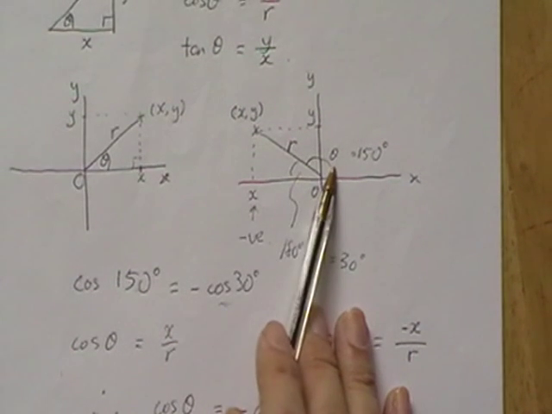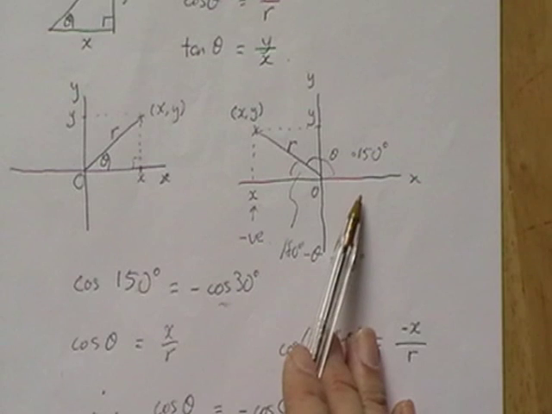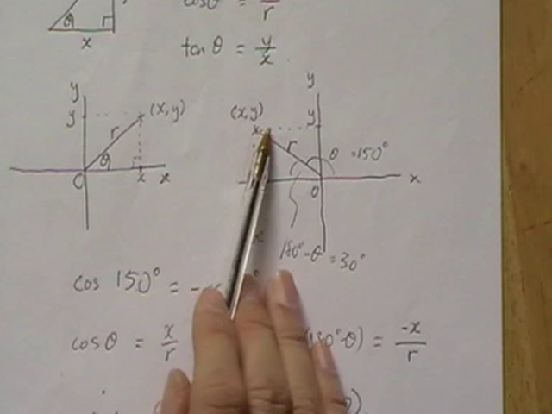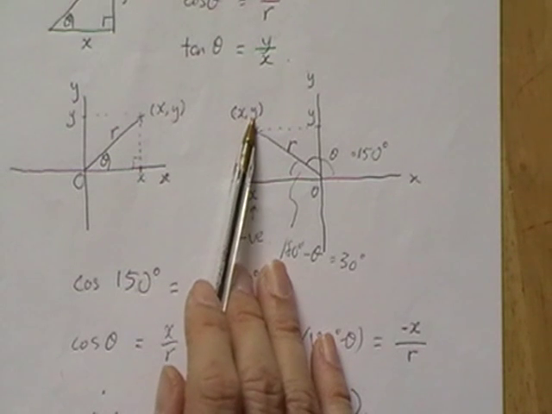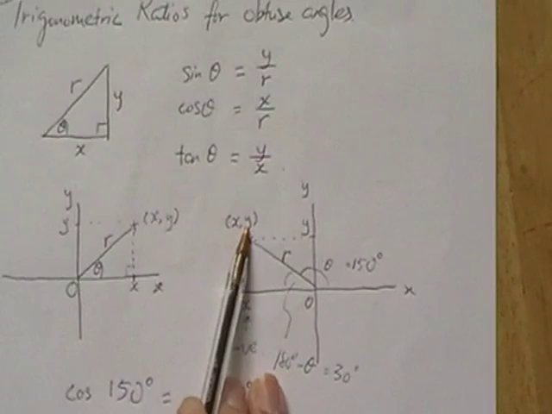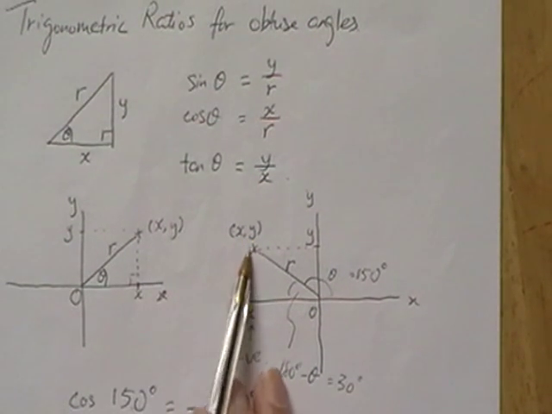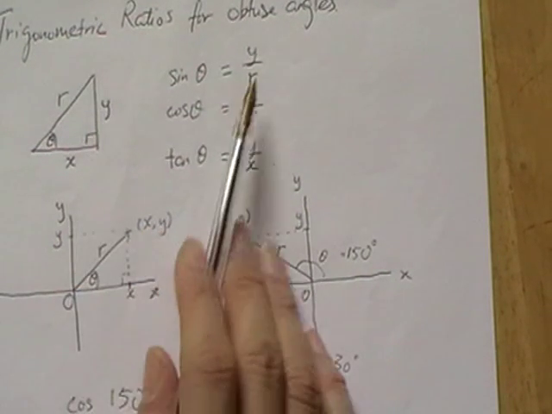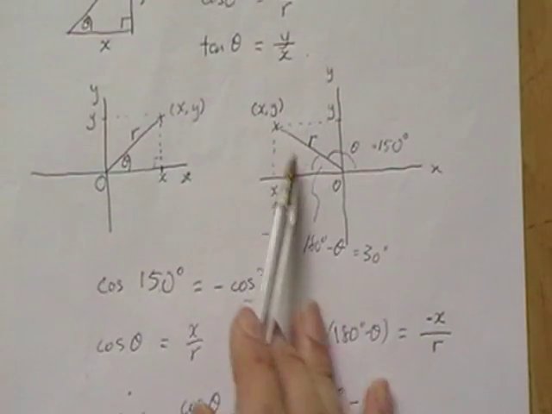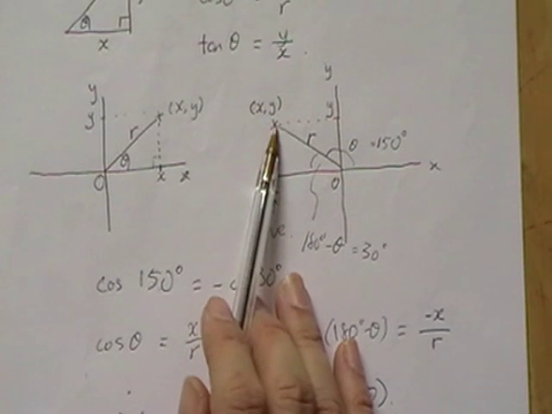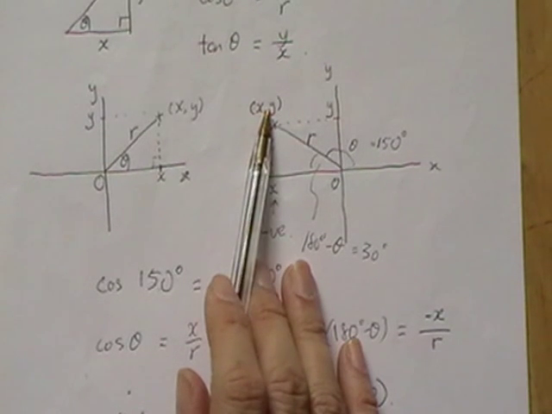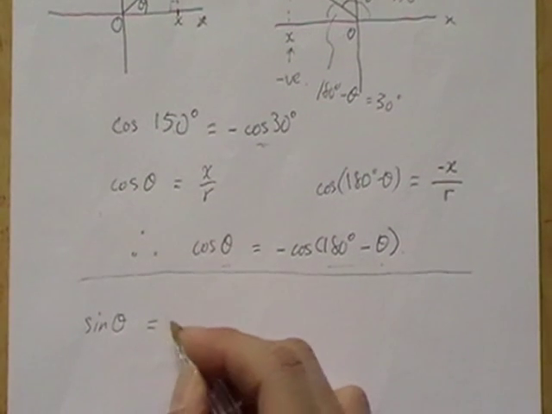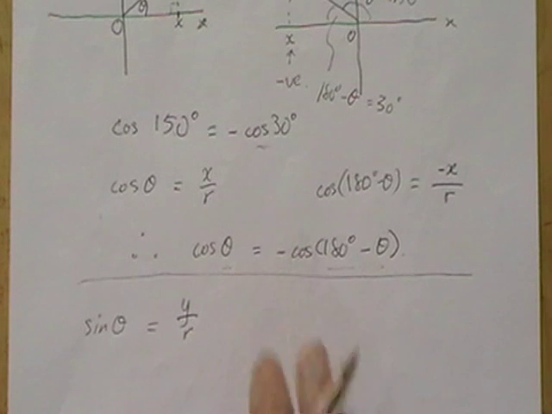Sine theta, here, for the obtuse angle, would be the y coordinate, right? Because now we need to generalize the vertical side, the opposite, to the y coordinate. So if you take this y value and divide by r, we would get sine theta. Sine theta is y over r.